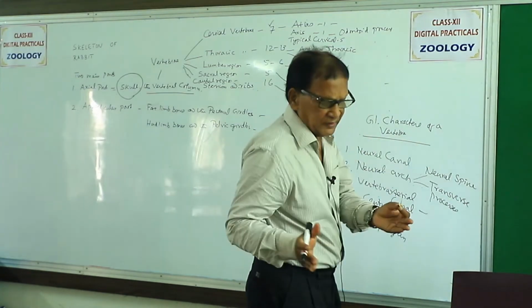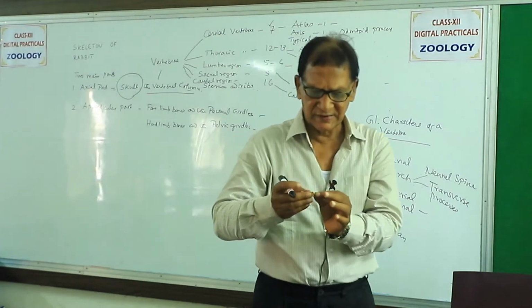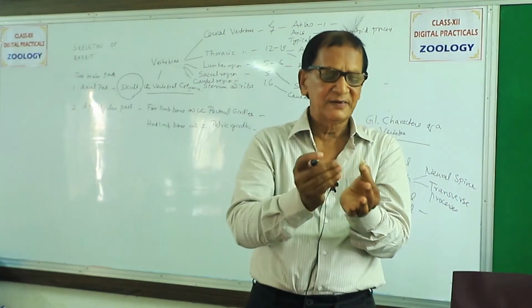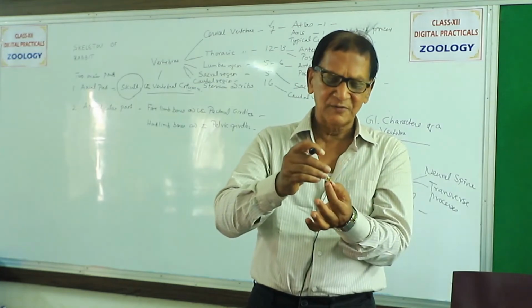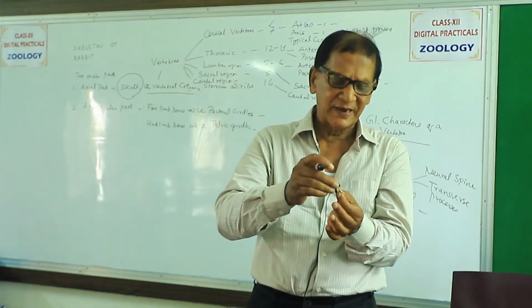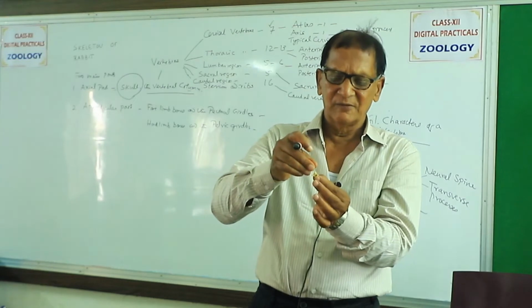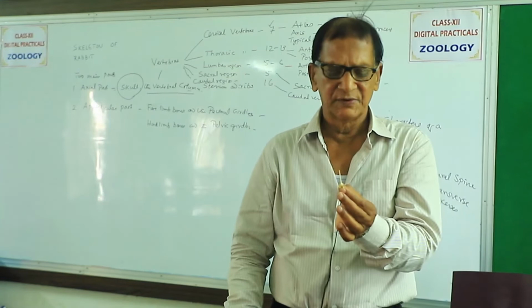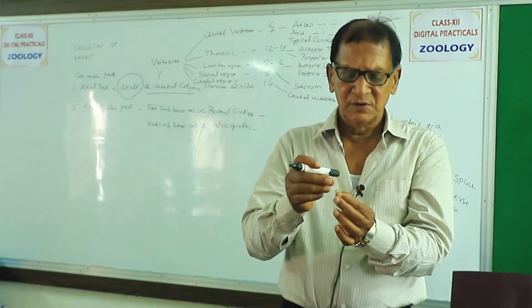The centrum is flat, as you can see clearly in this thoracic vertebra. The front side as well as back side of the centrum is flat. That is a characteristic feature of the mammalian centrum.